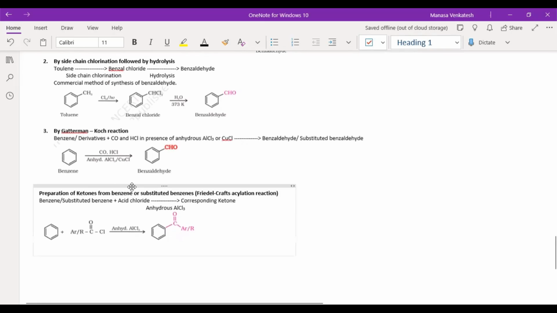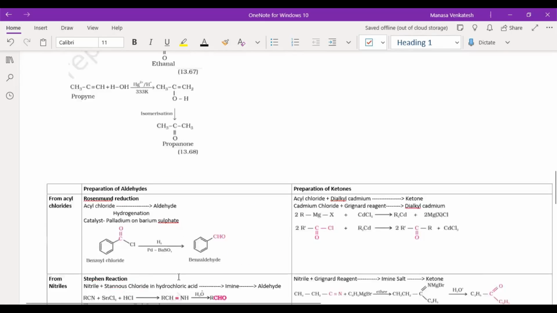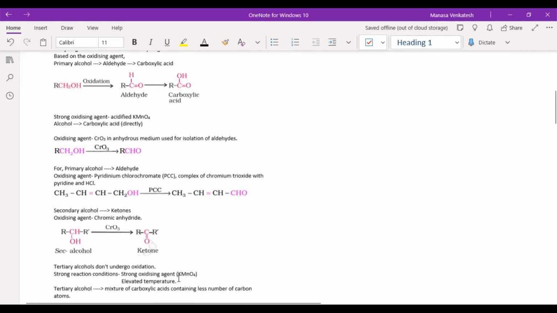The last one is the preparation of ketones from benzene or substituted benzenes, and this is Friedel-Crafts acylation reaction. Benzene or substituted benzene is reacting with acid chloride in the presence of anhydrous AlCl3 to give us the corresponding ketone. Friedel-Crafts acylation and alkylation reactions you studied in your haloalkanes and haloarenes. So with that, we're done with the preparation of aldehydes and ketones.